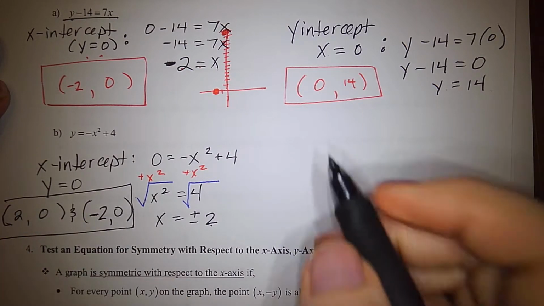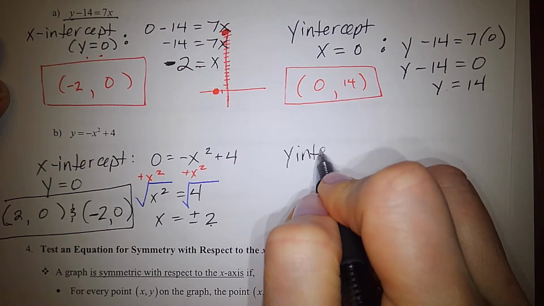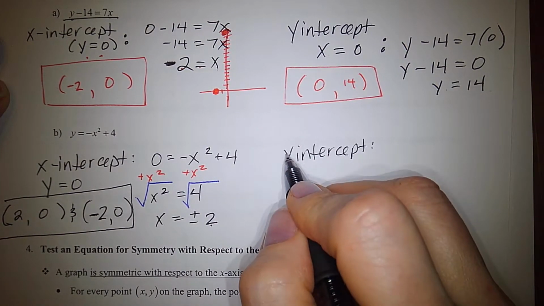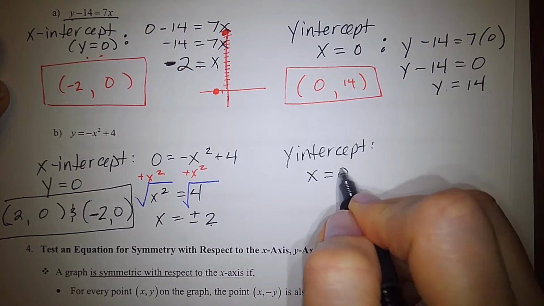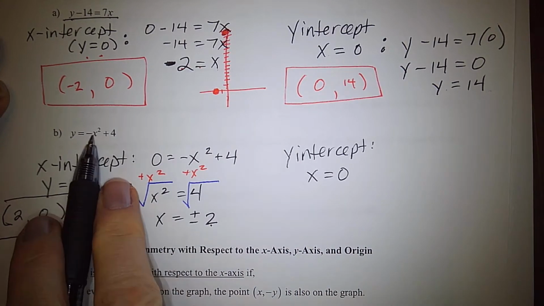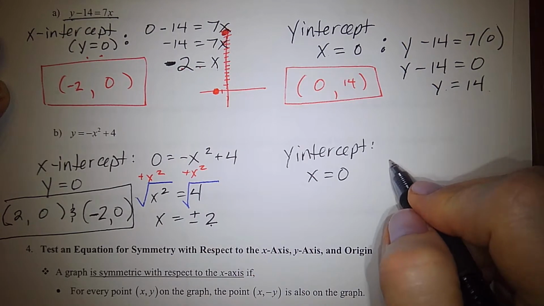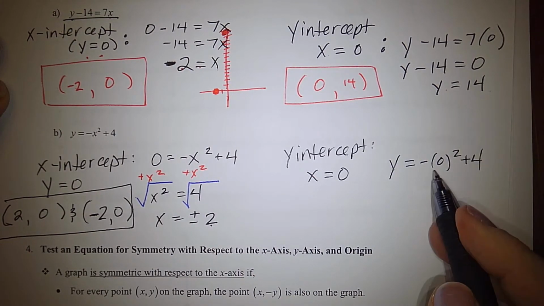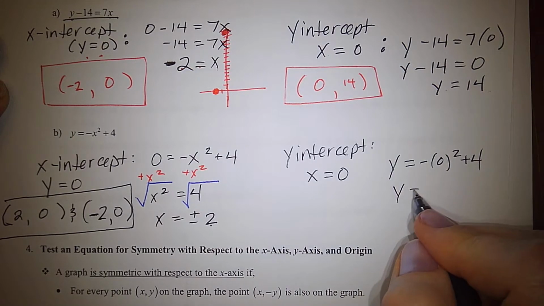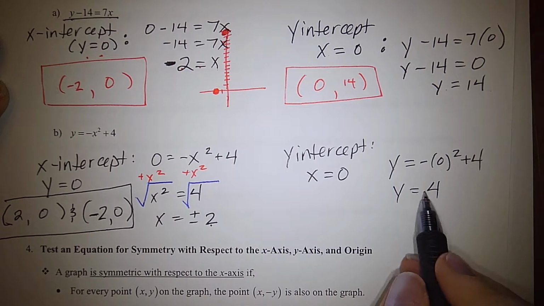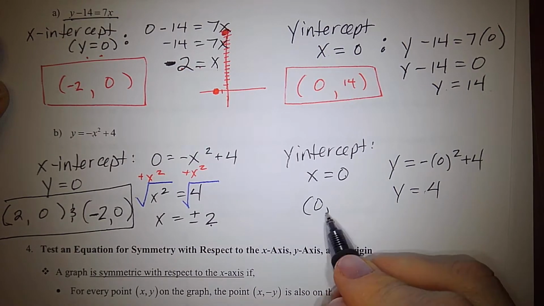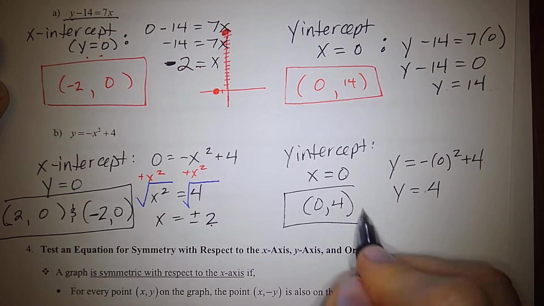So now let's look at the y-intercepts. For the y-intercepts, remember we set the opposite letter equal to 0. So we're going to put x is 0. So we'll have y equals -0 squared plus 4. Well, 0 squared plus 4 is simply just 4, so I already have my y-intercept: 0 for x, 4 for y.